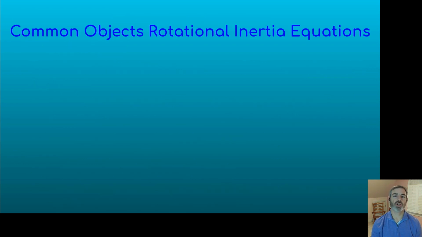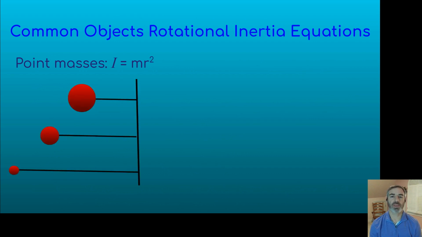We're going to start with just some point masses. And for a point mass, the rotational inertia equation is I equals mr squared. So let's take a look at three different objects that are at three different radii and have three different masses. We're going to calculate the rotational inertia for each of those point masses.